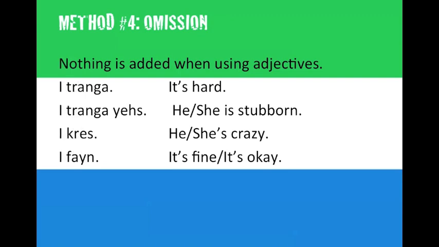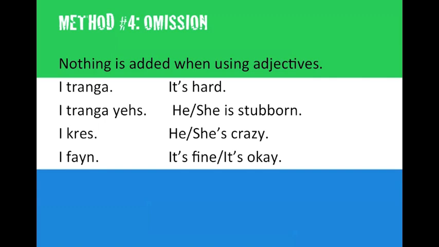So coming to the home stretch, we have the final and simplest method, and that is by omission, or not doing anything. Whenever we're dealing with adjectives, we're not going to have to use any word. We just take the adjective and put it right next to the subject. So we have the first sentence, it's hard. I tranga, it's hard. He or she is stubborn.